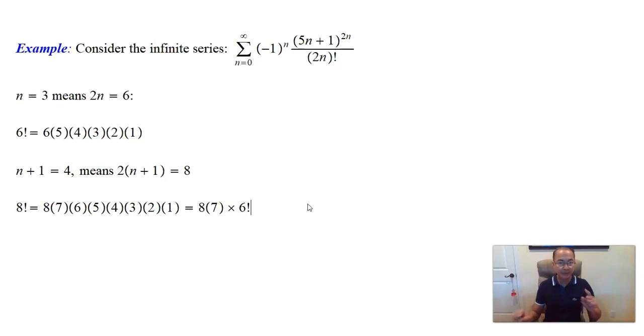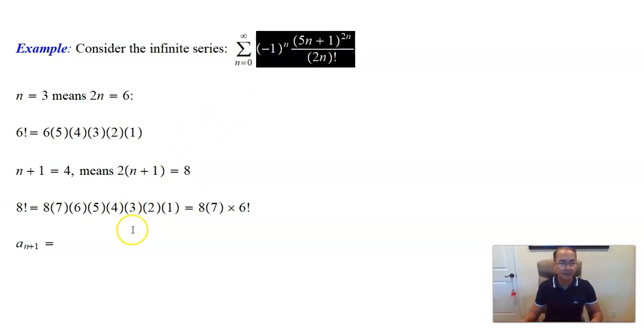Okay, so that's very important. The difference between 8 factorial and 6 factorial involves two numbers, 8 and 7. Before it was just one number. The difference between 5 factorial and 6 factorial was only 6. This time we have 8 and 7. All right, so with that, hopefully we can understand a_(n plus 1) a little better.